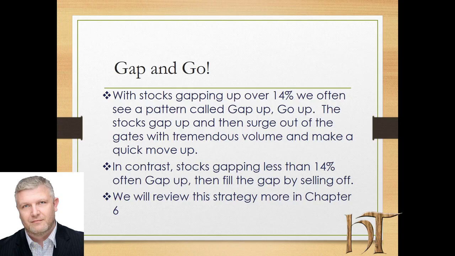So we've got stocks that gap up, the gap and go strategy. Stocks that are gapping up a decent amount will then launch out of the gates. But stocks that are gapping down a sizable amount will bounce and pop up at the open. So they will have a reversal, if you will.